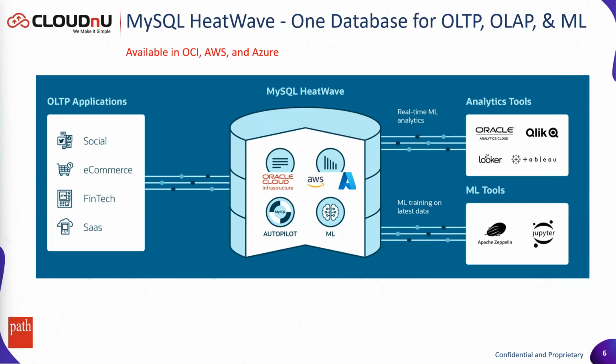And all of this is done in one MySQL database. And it's delivered in real time, it is secure, and there's no complexity of moving data from one database to another. And it costs a lot less. Here's the other news. It is available on other clouds. So let's talk about OLTP.